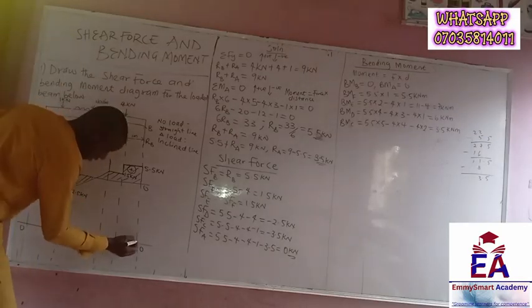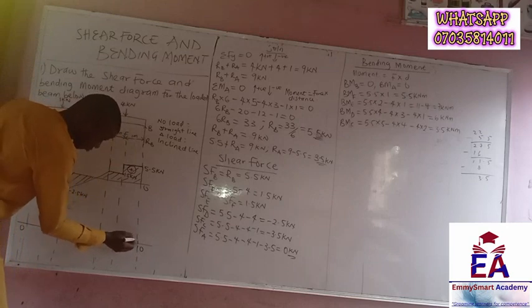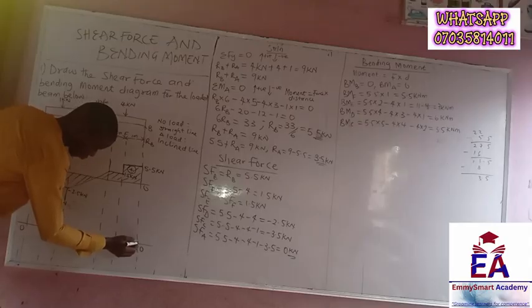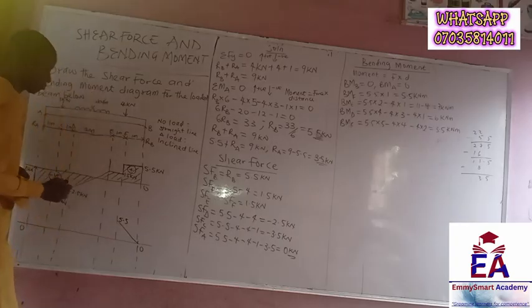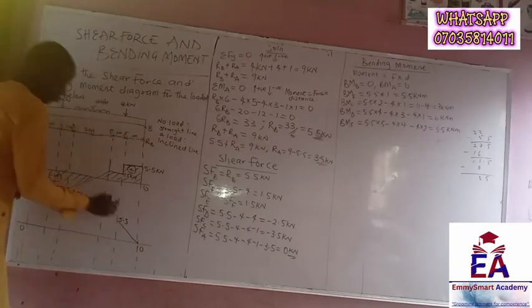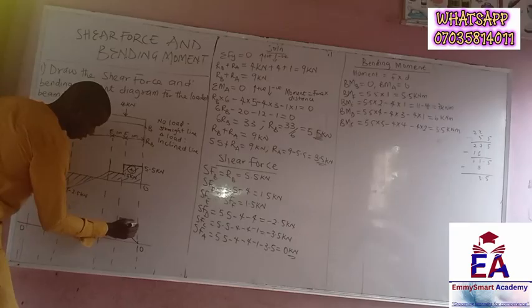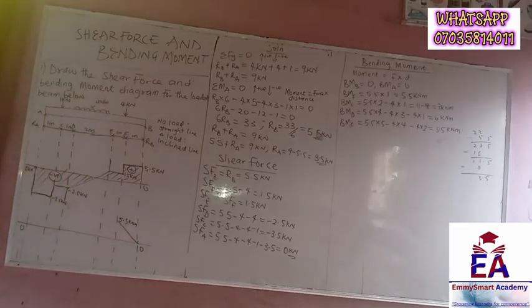So when you have it as an inclined line, so yes, 5.5 kilonewton meter.